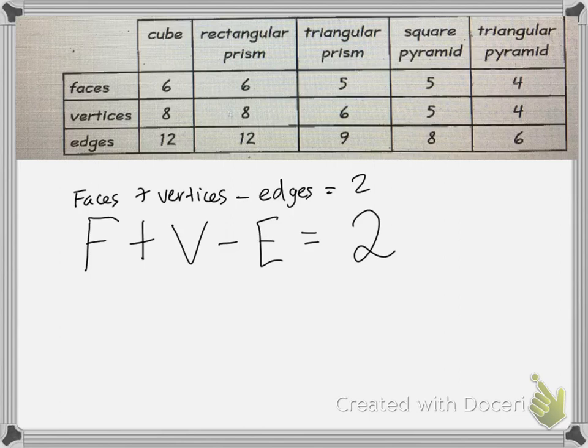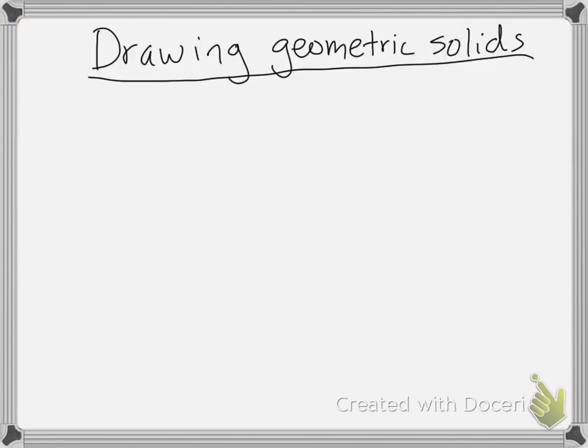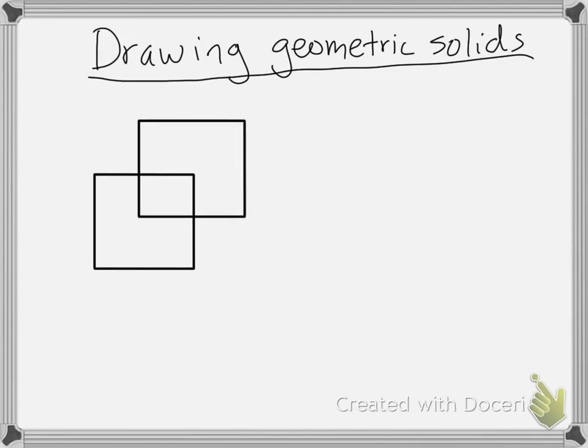All right, the second part is on drawing these geometric solids, which you'll need to do for your homework. If I want to draw a cube, I'm going to start off by drawing 2 squares that overlap each other that are the same size. So there's my first square and my second square, and make sure they overlap. Then I connect the vertices of the squares to make a cube.